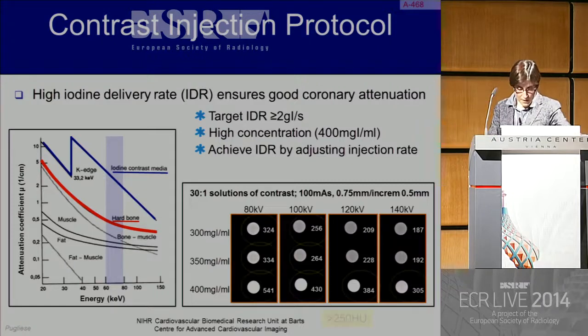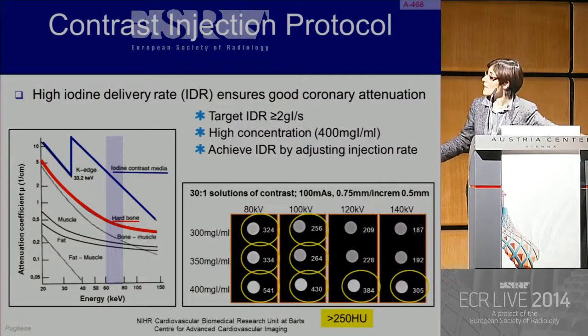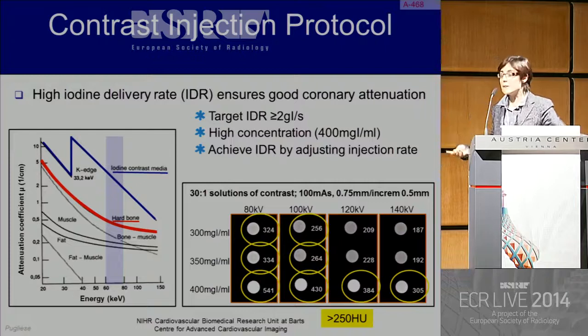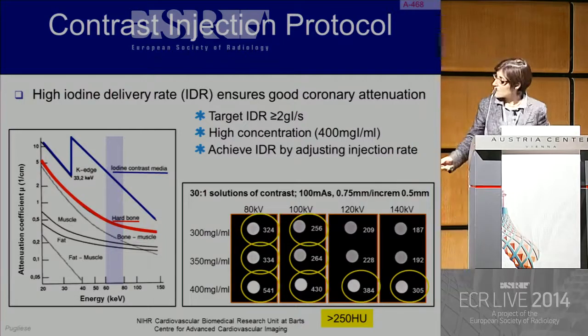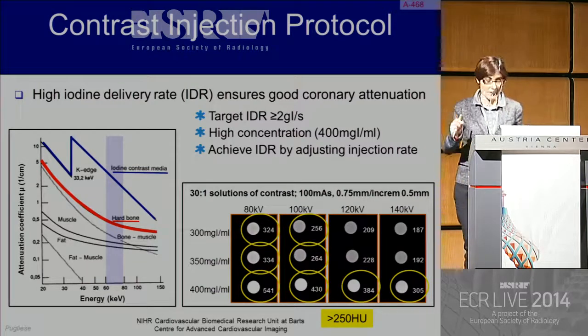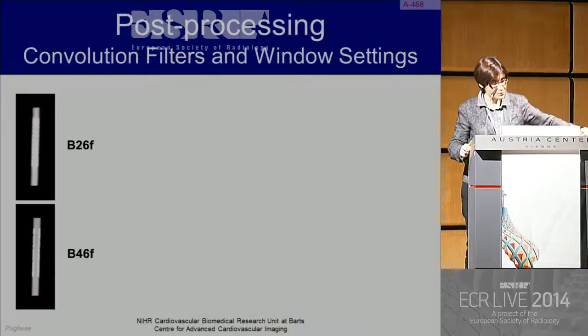And not very surprisingly, having a higher concentration of contrast will allow you to achieve a consistently higher attenuation. Remember, that's your target. You want to give at least 2 grams of iodine per second, and you would like to achieve at least 250 Hounsfield units for the intravascular attenuation.